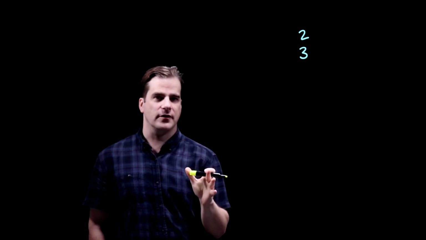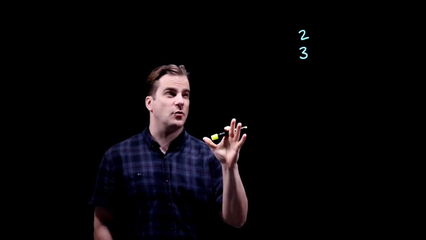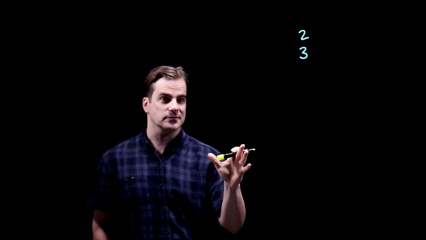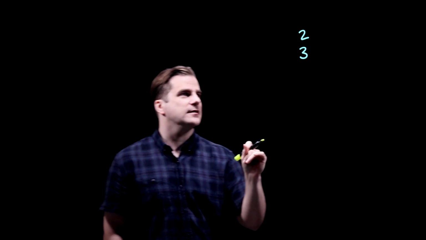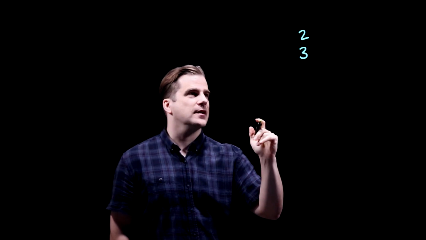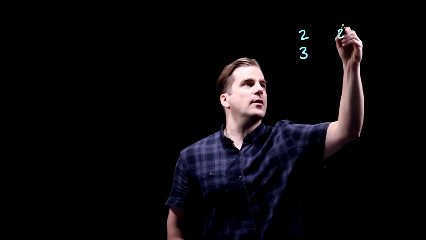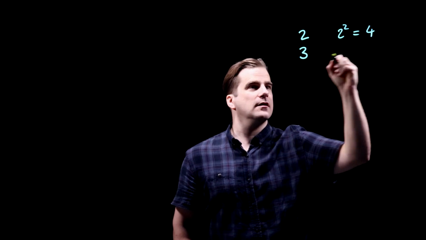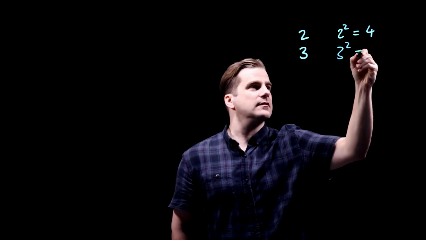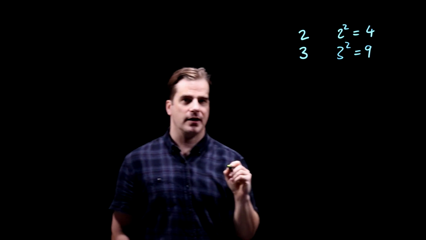It's saying the difference between the squares of those integers is equal to their sum. Well, 2 squared is 4 and 3 squared is 9, okay?